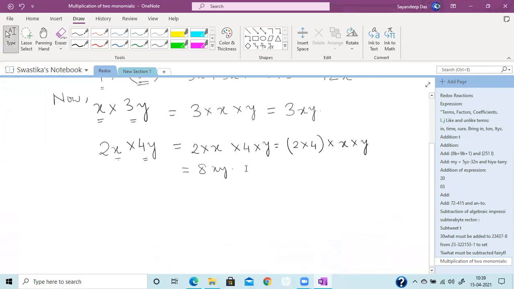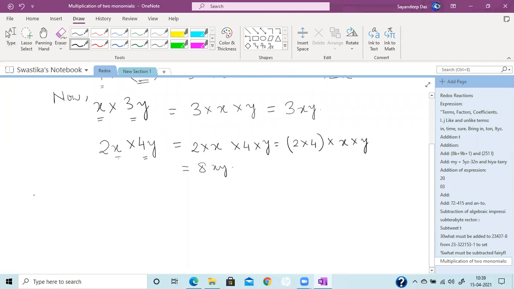Similarly, let us go and see the next example, because these two examples were easy, as all were positive terms. If we take two monomials having different signs, like 5x into minus 2y, you see, this is a monomial 5x which has a positive sign, and this is another monomial, minus 2y, where the sign is minus.